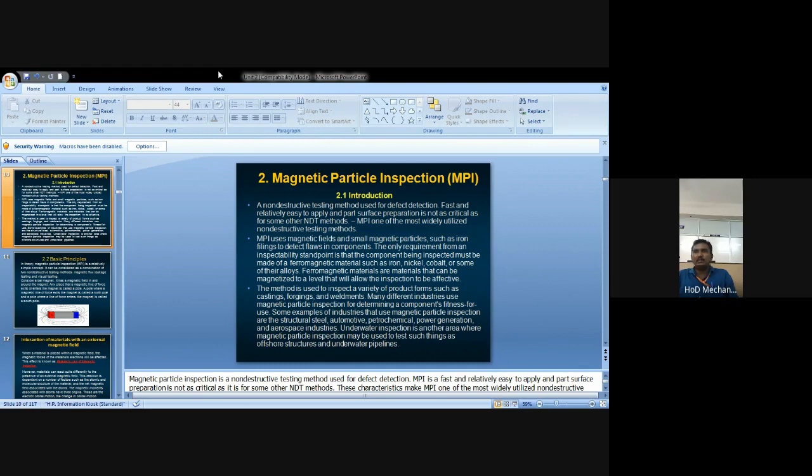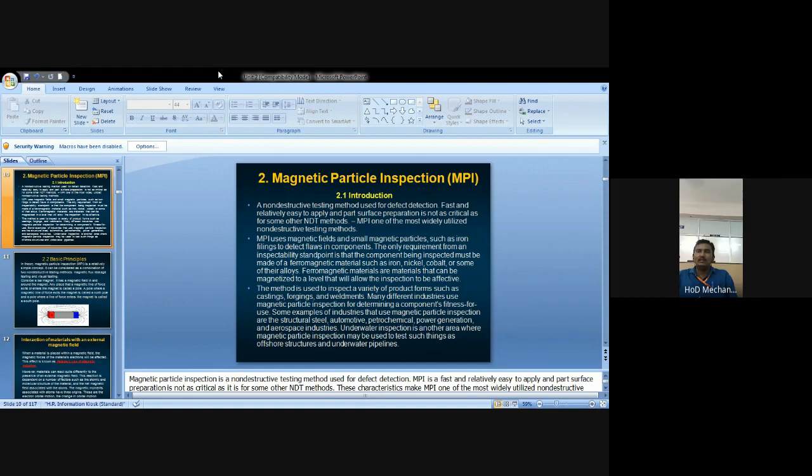This MPT method is the most widely utilized of the non-destructive testing methods.